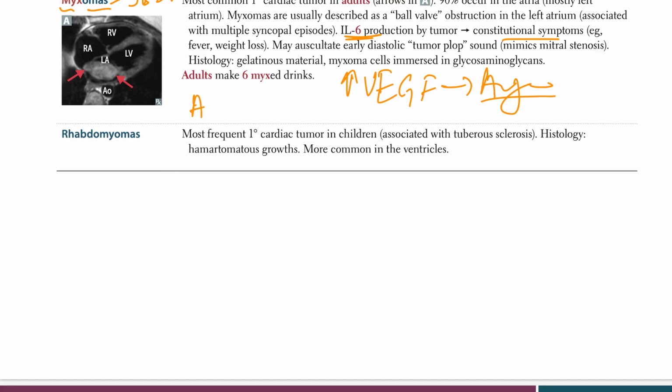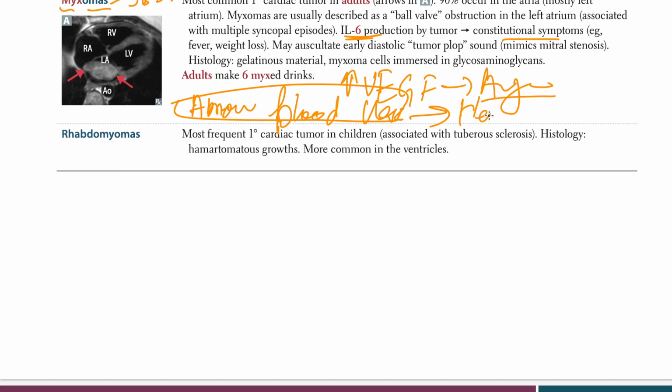What is angiogenesis? They won't say angiogenesis. They'll say abnormal blood vessel formation, abnormal blood vessels, which leads to what? Because when you have abnormal blood vessels, it's going to cause hemorrhage. How is hemorrhage going to be seen?